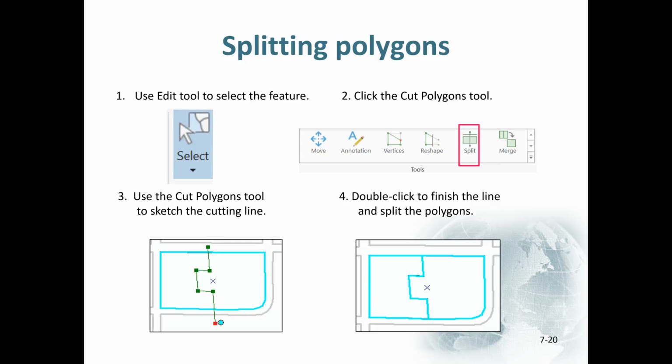The two buildings on the campus are drawn as one polygon because they are connected. However, the university architects and facility planners must identify the buildings as separate polygons, each with a separate record in the attribute table.